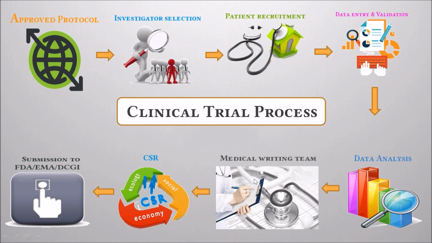And again they'll submit this to the statistician. Finally, the statistician will create the CSR, the clinical study report. This is the final report of the trial. This CSR, the data validated by the data manager, and the reports generated by SAS programmers, these three will be submitted to the FDA.